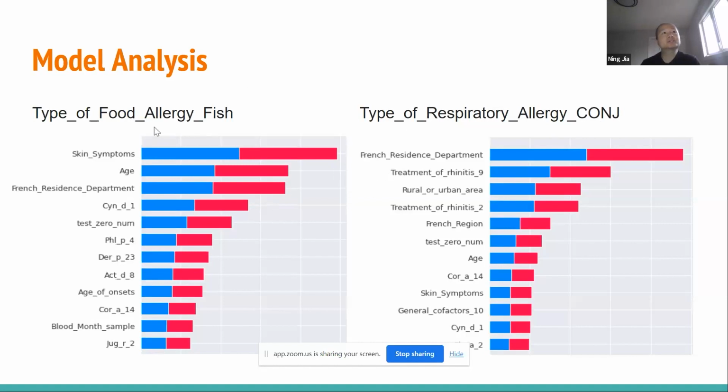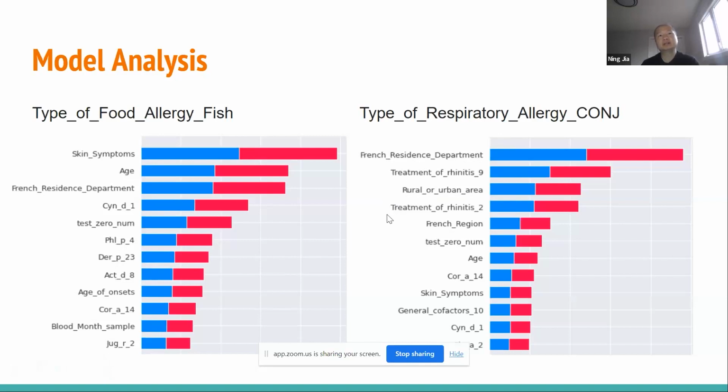For this fish allergy, some of the most important features are skin symptoms, age, French residence department, and some other blood test results. But apparently for this other one, you can see the location factors play an important role, like French residence department, rural or urban area, French region.